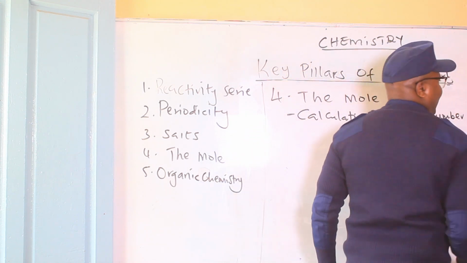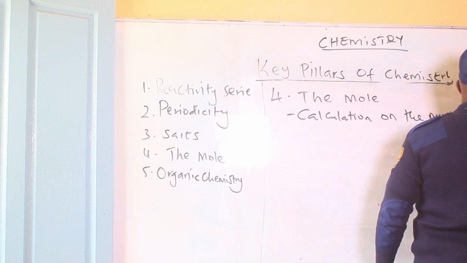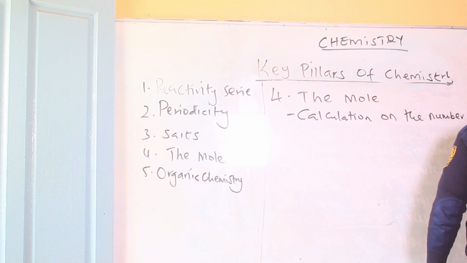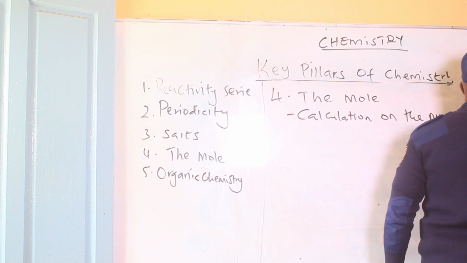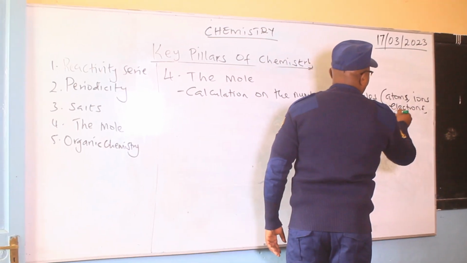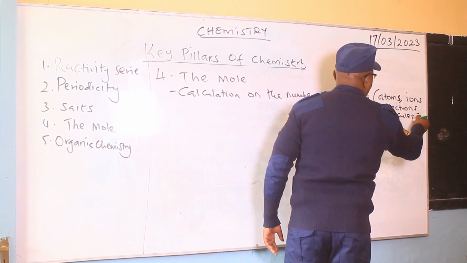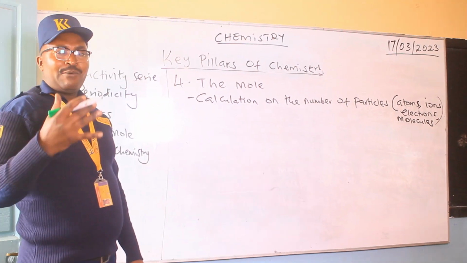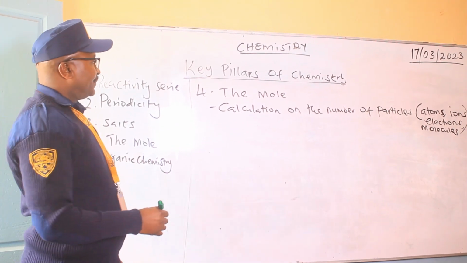When I talk about the number of particles, I'm talking about the atoms, the ions, the electrons, the molecules, and so on. There you can use the Avogadro's constant.